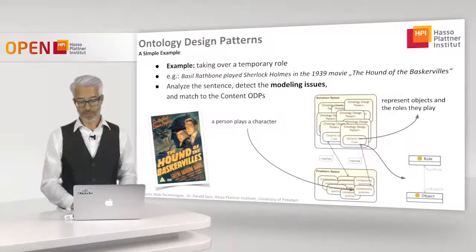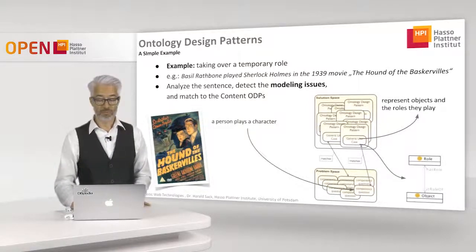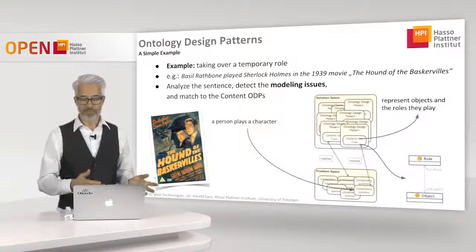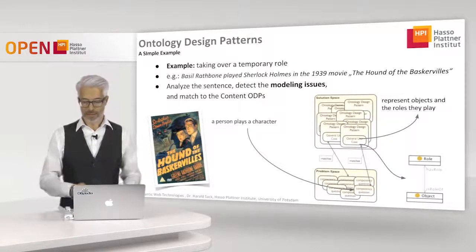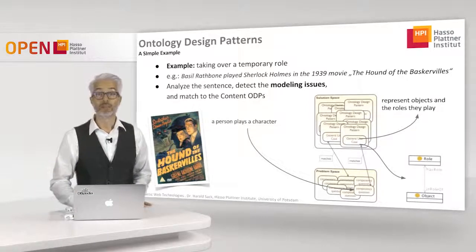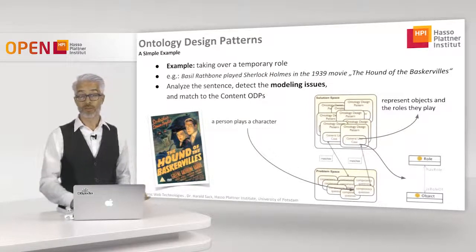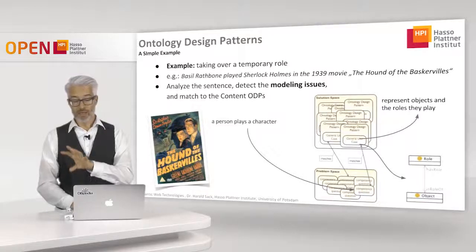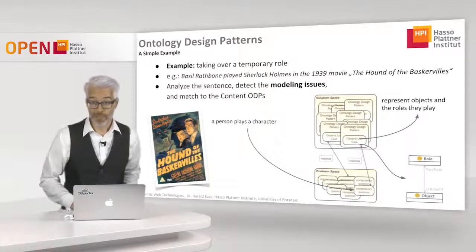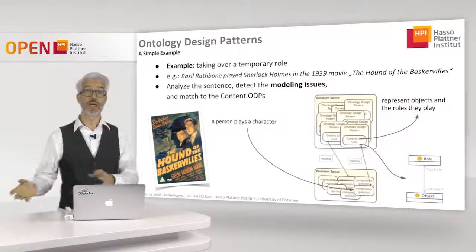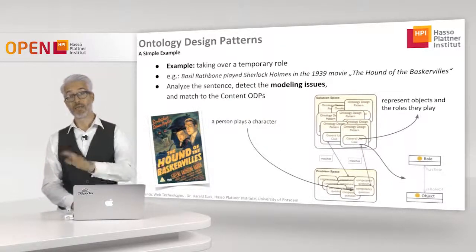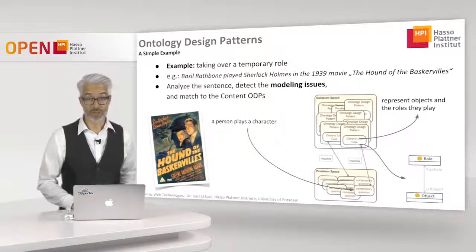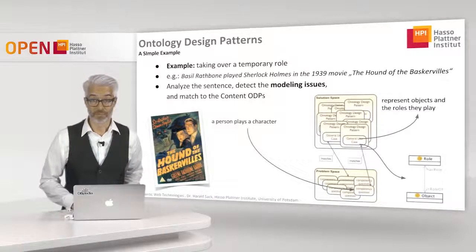So for example, you have found here an ontology design pattern which is described with represent objects and roles they play. And you see in this diagram how this is represented. And if it fits your purposes, you simply can take over this ontology template for your ontology. And of course, then you can represent this fact exactly with the according ontology design pattern.